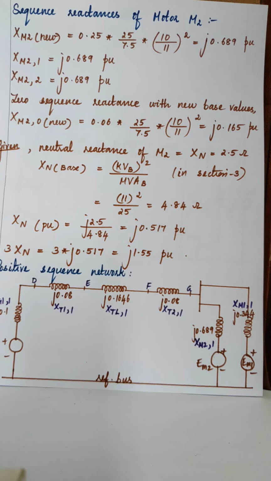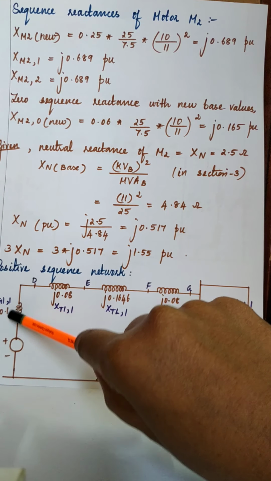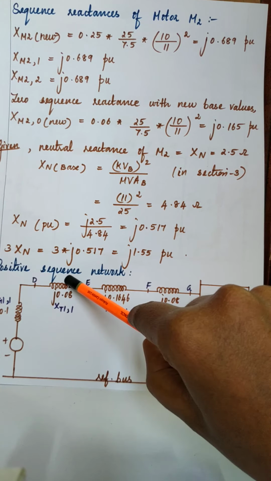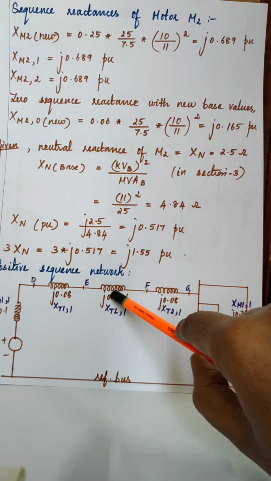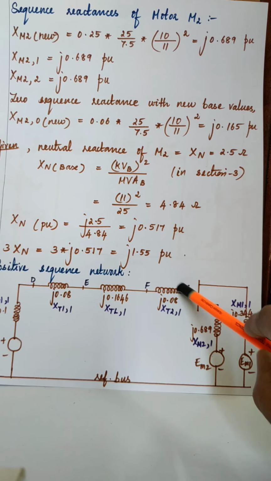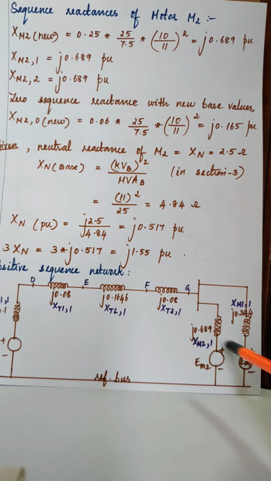Okay. So first let us go for the positive sequence network. For the positive sequence network, for the generator, a reactance in series with a voltage source. For transformer 1, a reactance. For the transmission line, a reactance. For transformer 2, a reactance. And for motor 1, a reactance in series with a voltage source.